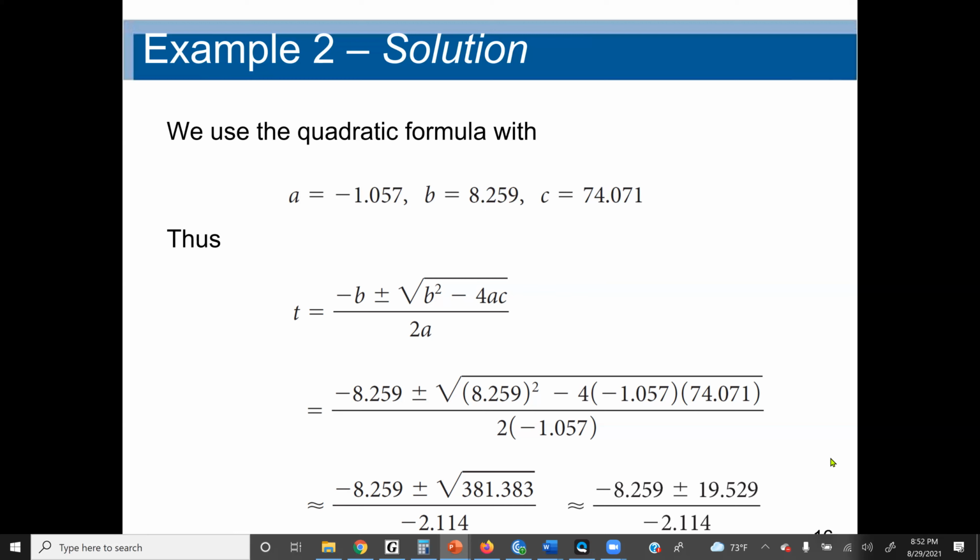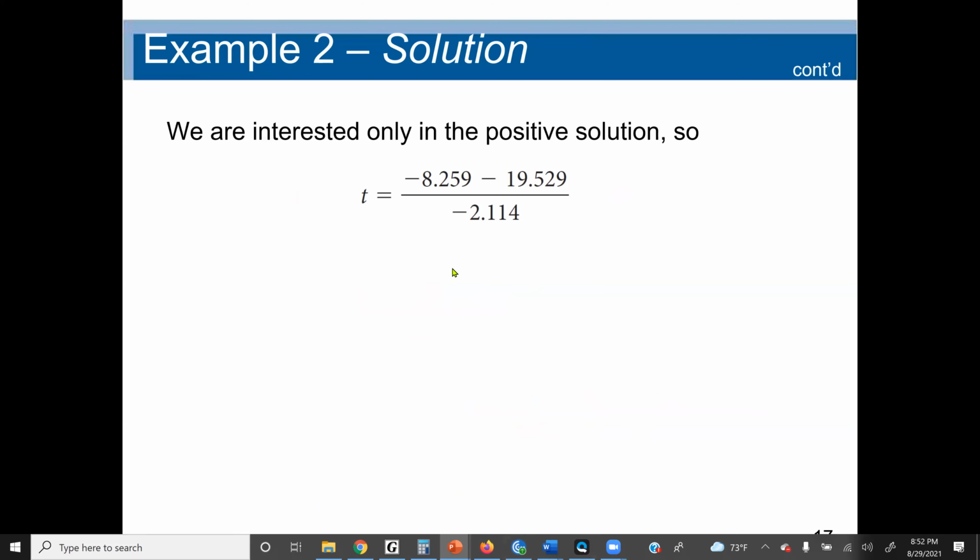The second t value will be negative 8.259 minus 19.529 divided by negative 2.114. And that's what we have here. So this is our first t value, and the solution is approximately 13.145.